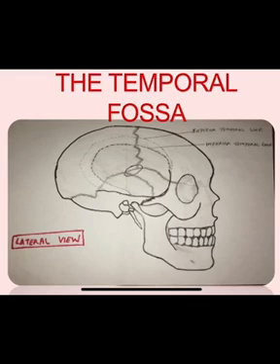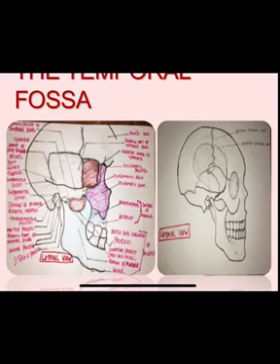Right here is an illustration of the temporal fossa. You can see the temporal fossa bounded there by the superior and inferior temporal lines. That is the lateral view of the temporal fossa. Also here you have the lateral view of the temporal fossa.